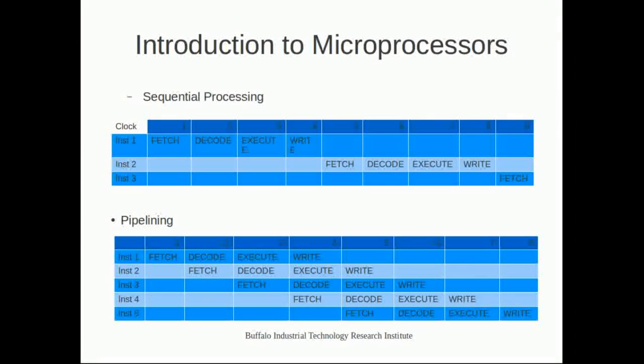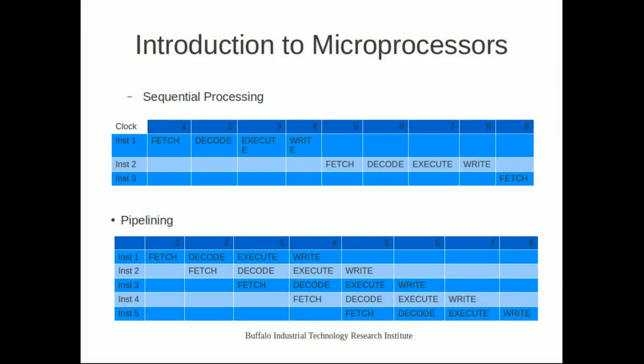While instruction 1 was executing in the arithmetic logic unit, instruction 2 was getting decoded in the control unit, and instruction 3 was fetched from the memory. In the fourth clock cycle, when instruction 1 is writing into the memory, instruction 2 was executing in the arithmetic logic unit, instruction 3 was getting decoded in the control unit, and instruction 4 was fetched from the memory.